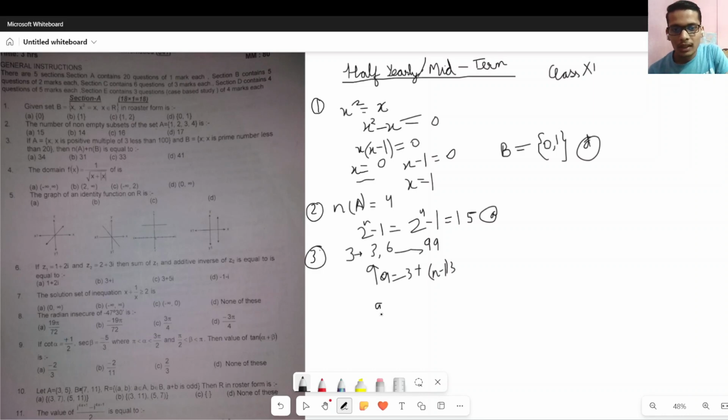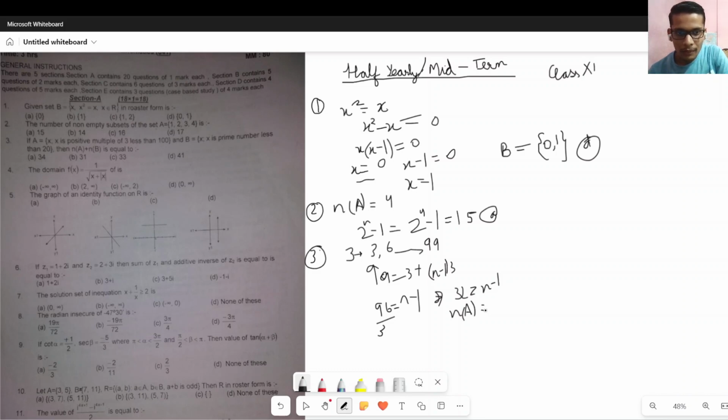So it will be 96 divided by 3 equals n minus 1, which will be equal to 32. So n equals 33, that is n of A. The number of elements in set A is 33.